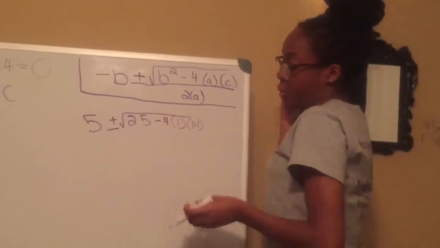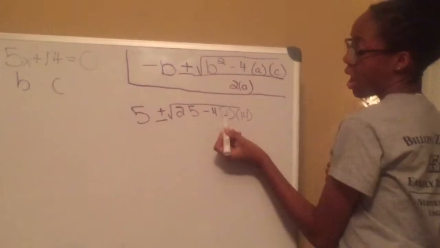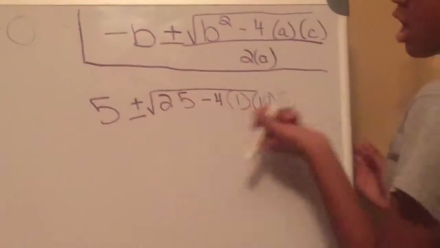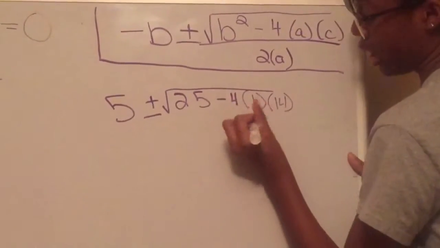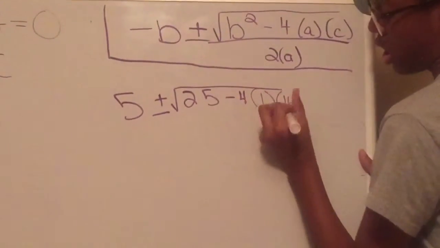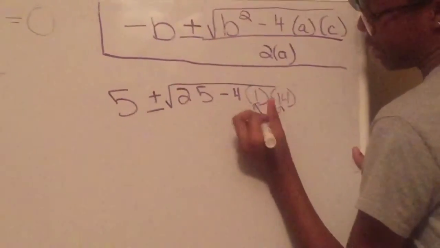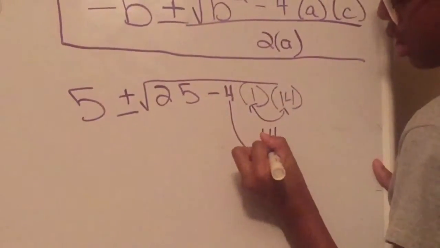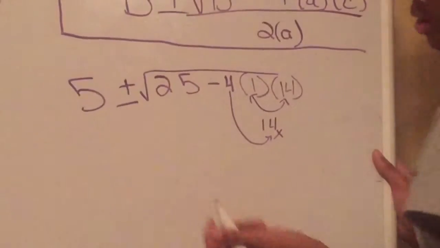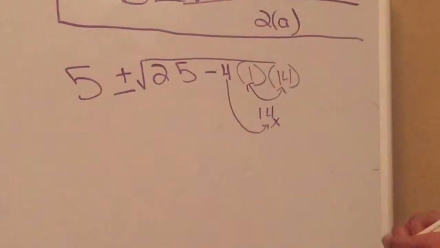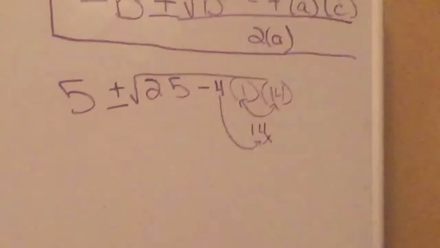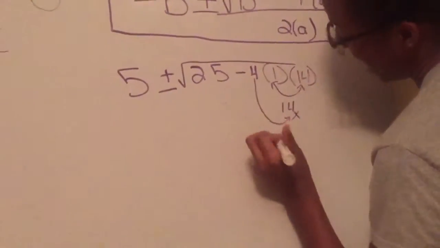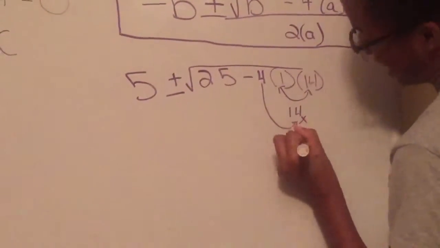I like to do the parentheses first, get them out of the way so they won't distract me. So I'll do 1 times 14, which gives me 14. Then you bring this down and multiply it. 14 times 4 is 56.